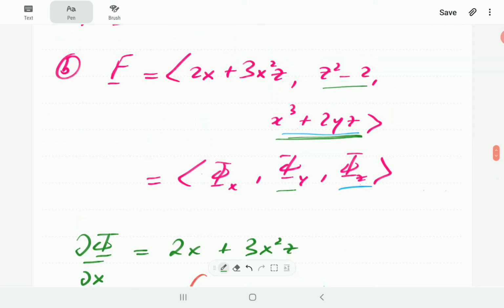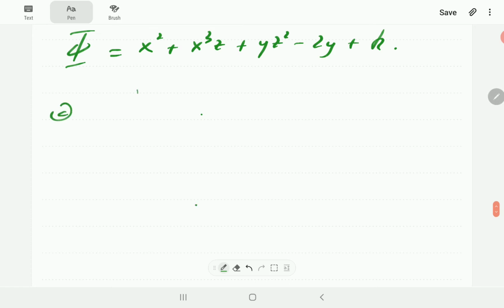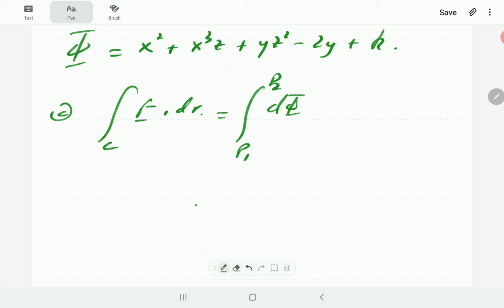Right. Then in part C, we want to evaluate the integral of f dot dr along that contour. But from our part 1 video, we have seen that f dot dr is simply going to be d phi from the beginning of the contour to the end of the contour.